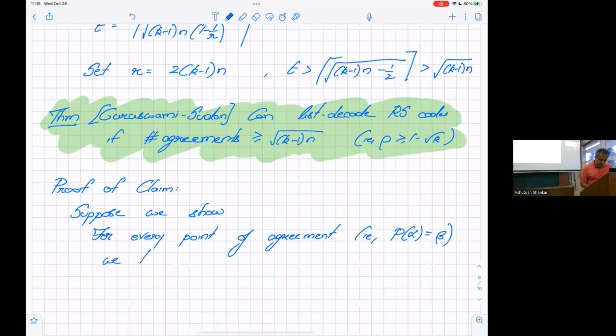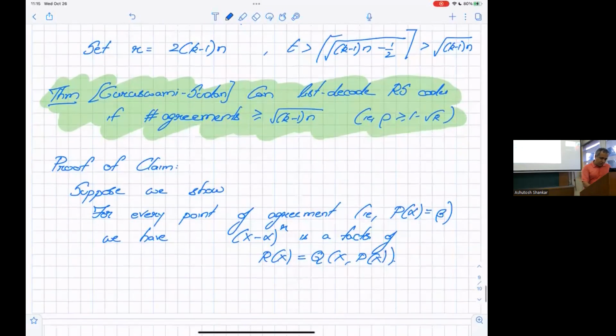We have previously what did we have? We had x minus alpha was a factor of R of x. We have now x minus alpha to the power r is a factor of R of x, which is defined to be Q of x comma P of x.